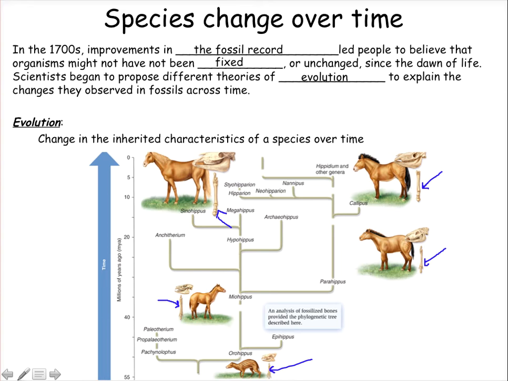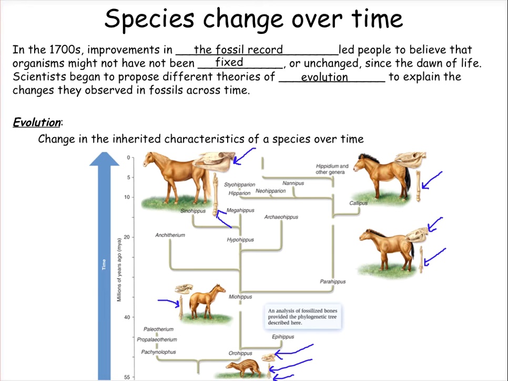Whereas here at the very beginning, there are multiple toes. So the number of toes has changed, the length of the leg bone has changed, and of course we can see the size of the skull has changed over time. Okay, so from there, you can see the skull here is slightly elongated and much larger, and here again, much larger with an elongation in the front.